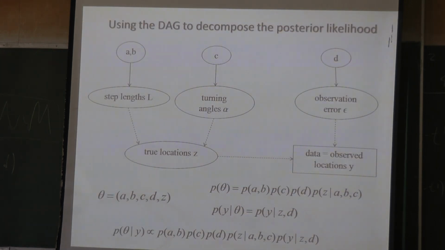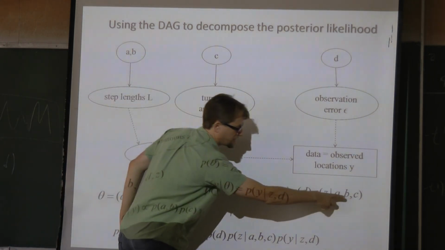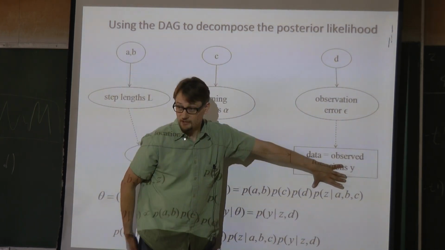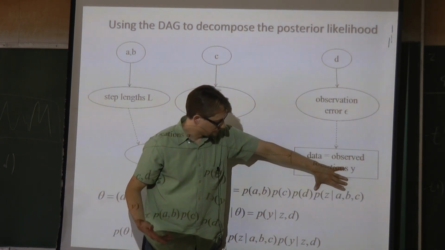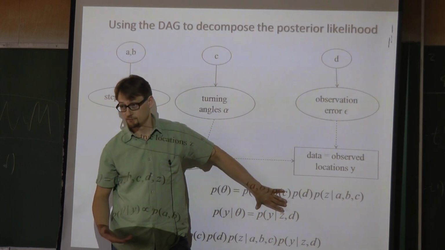Sorry? The prior, the probability of Z is actually the probability of Y. Yeah. I need Z from the prior. Yeah, then this part, which is now part of the prior and the process model, comes here as the likelihood function.